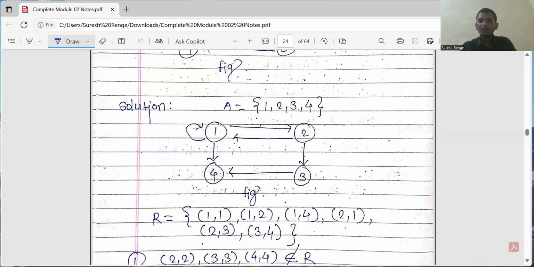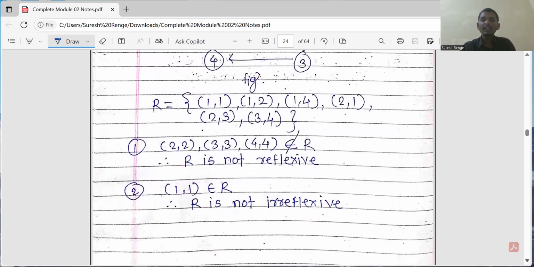Now we want to check whether R is reflexive, irreflexive, transitive, antisymmetric.